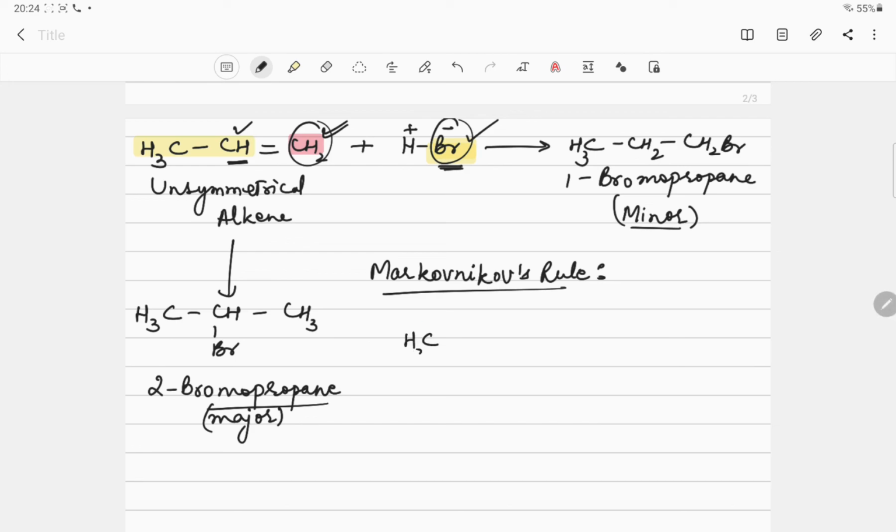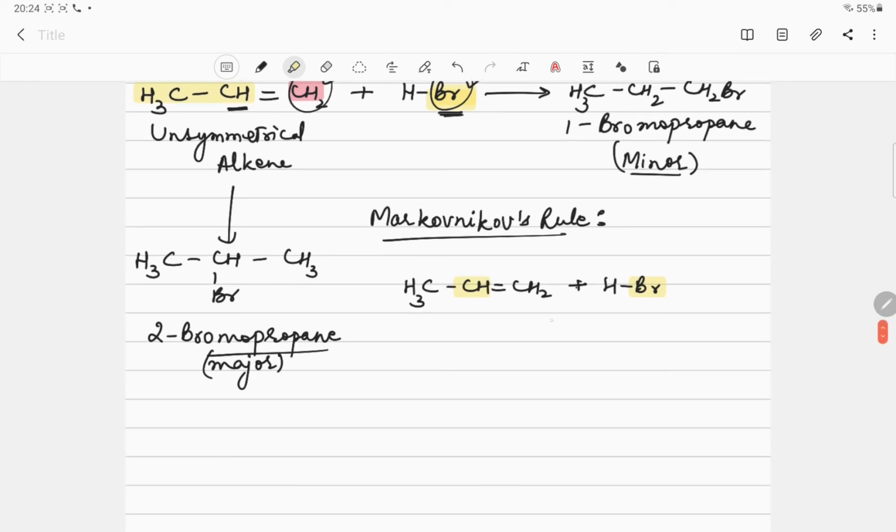Say this is the unsymmetrical alkene and this is the unsymmetrical reagent added. The negative part of the addendum, addendum meaning the adding molecule, will go to that carbon of the double bond which carries the lesser number of hydrogens. This carbon is carrying fewer hydrogens, so it will go to this.